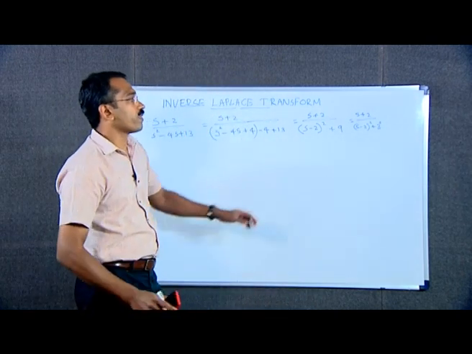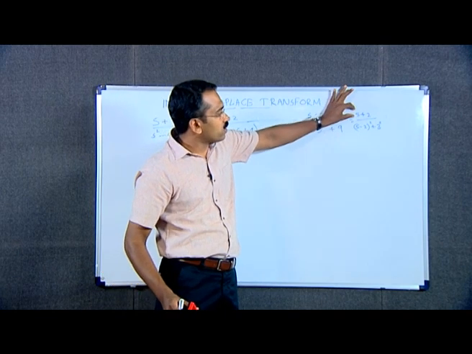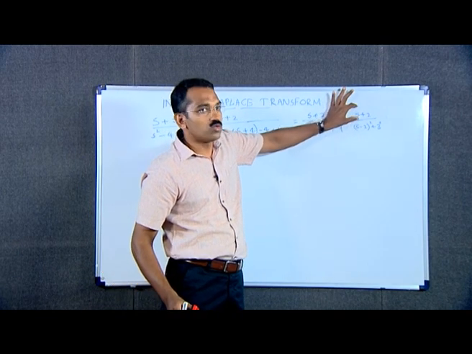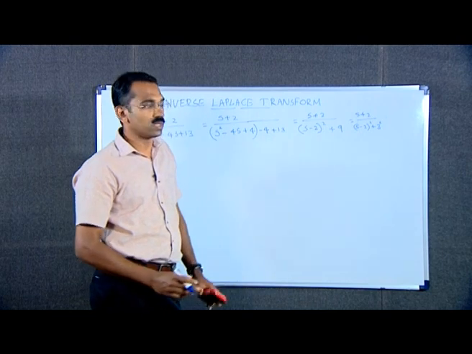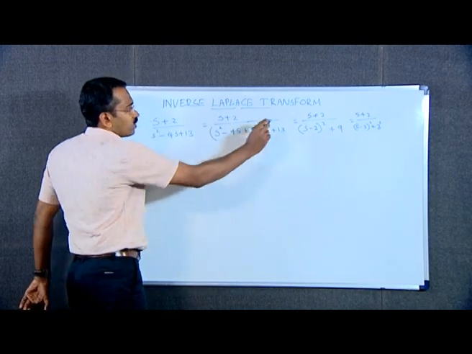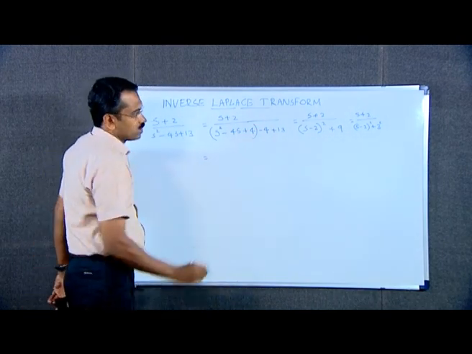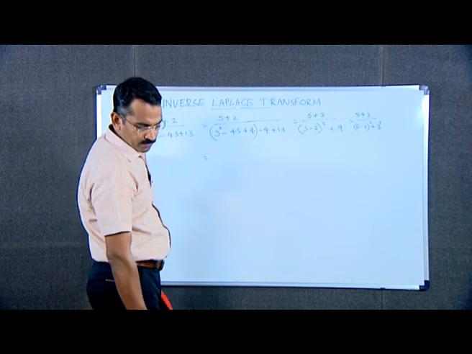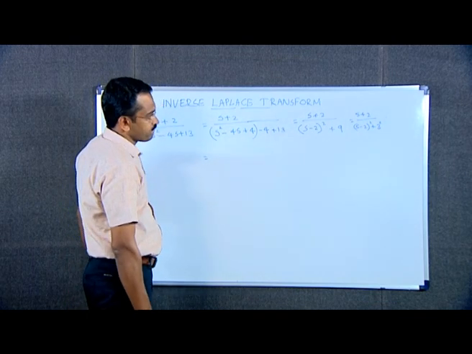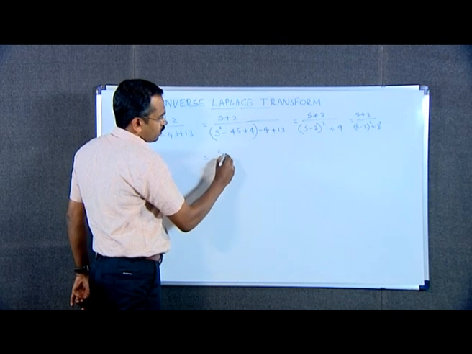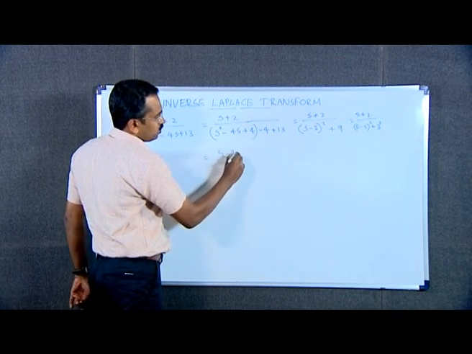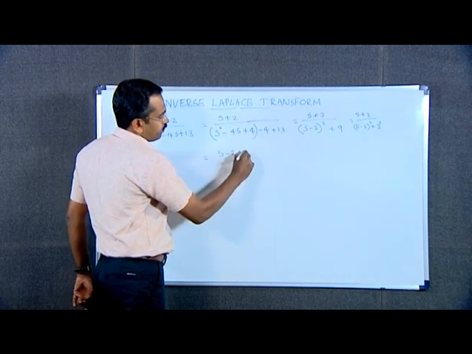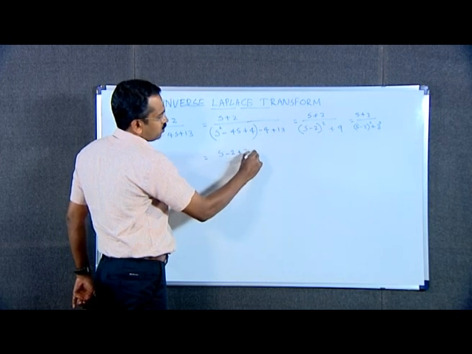Now we have to make s minus 2 in the numerator. We write the numerator as s minus 2 plus 2 plus 2.